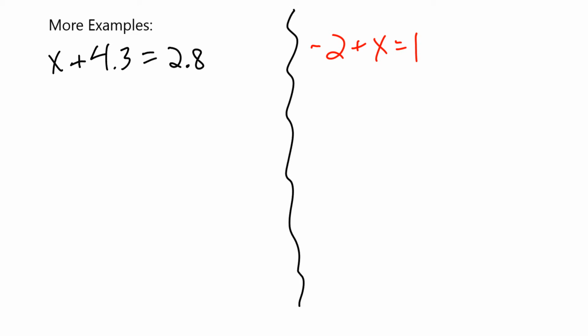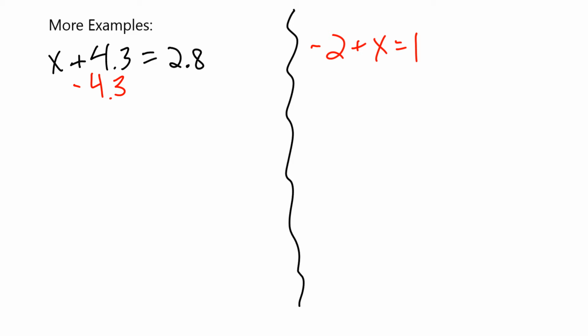Here are two more examples. On the left, x plus 4.3 equals 2.8. To solve, what is on the same side of the equation as x? 4.3. What is 4.3 doing to x? It's adding. So in order to solve, we must do the opposite.